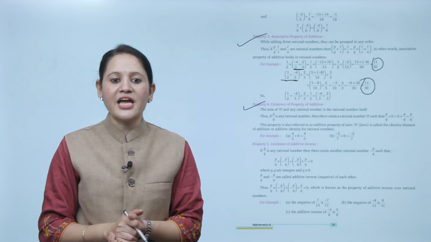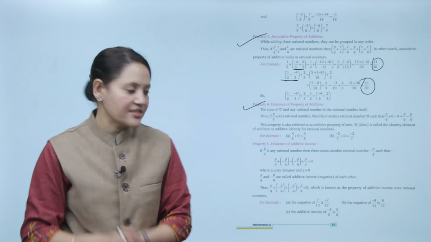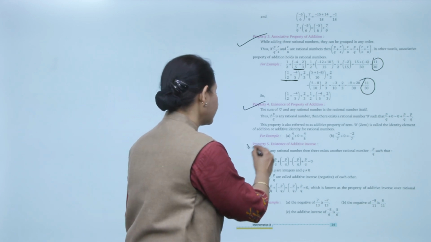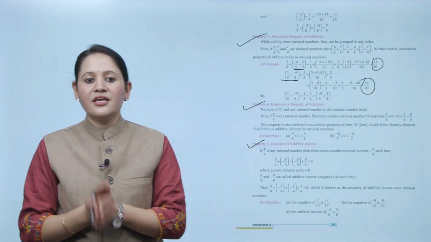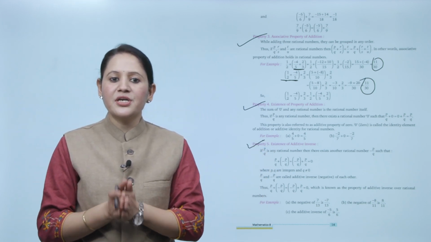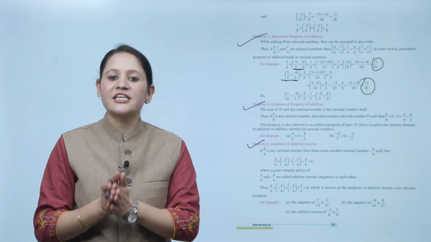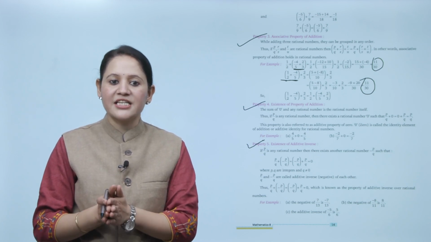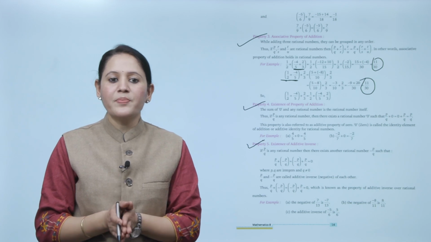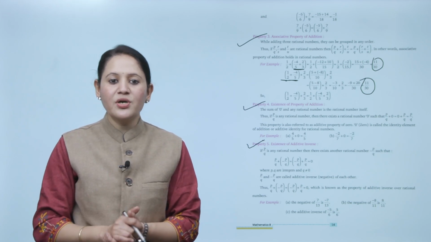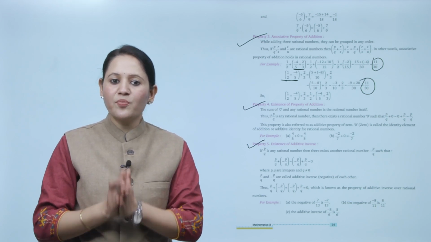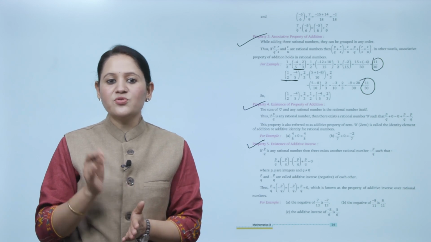Next, property 5, existence of additive inverse. If P upon Q is any rational number, then there exists another rational number minus P upon Q such that P upon Q plus minus P upon Q equals minus P upon Q plus P upon Q equals 0.